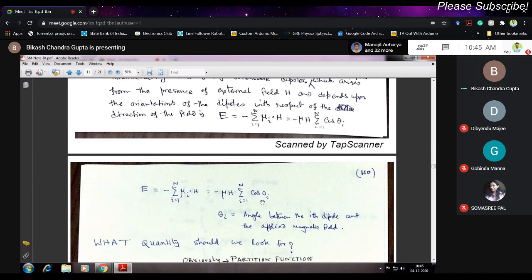Then Abhishek, can I ask you what would be the expression for the partition function, the n-particle partition function, corresponding to this system? You know the canonical ensemble approach, you know the definition of the partition function, and you know the system and its energy. Can you tell me how we can write the partition function for this system consisting of n dipoles?